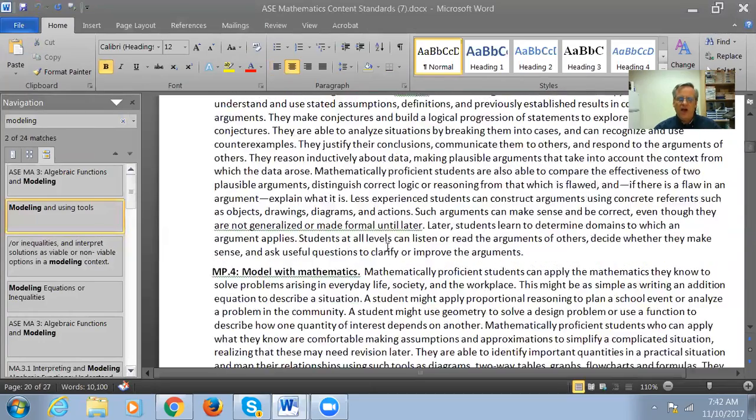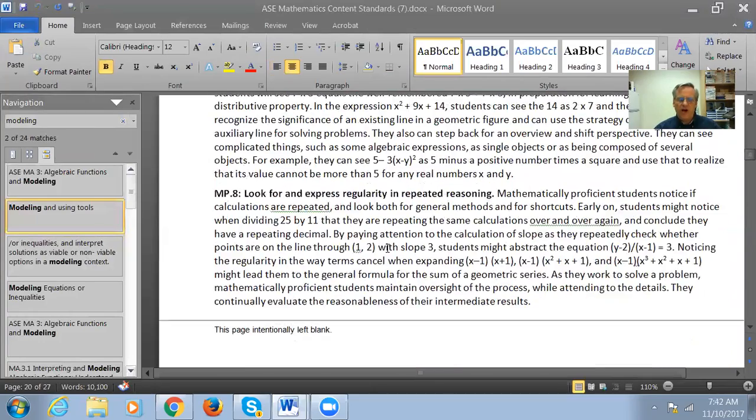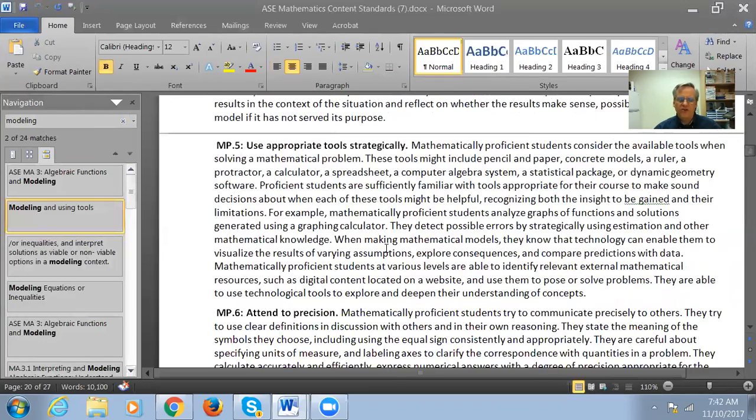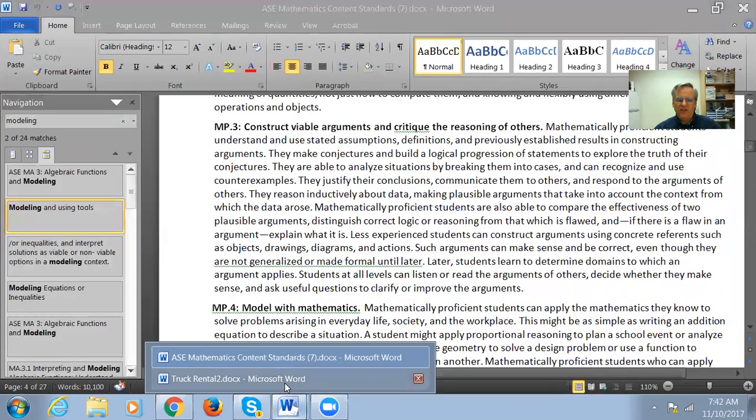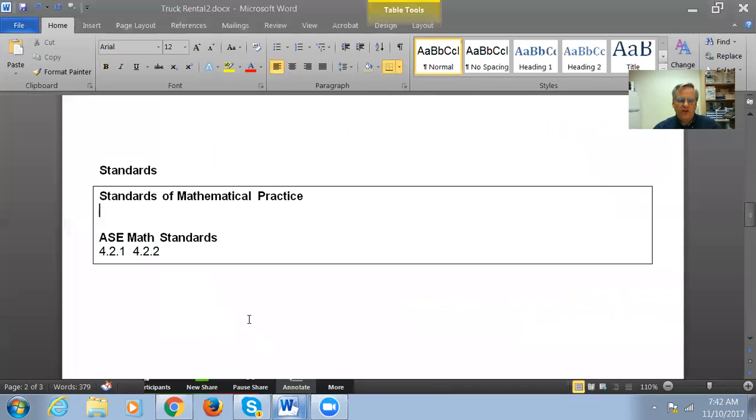Yeah, so I see some things about modeling in here, so I could put that down as well if I wanted to, but I don't have to. MP4 is the standard that has to deal with modeling, so I could put down MP.4. That's just an extra credit thing. That's gravy. So this doesn't take long at all, as long as you use my love, Control F.